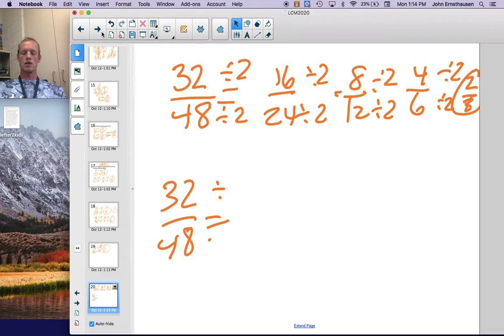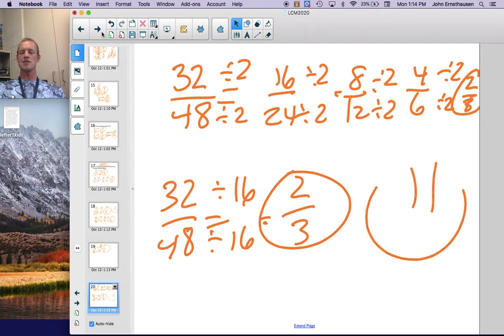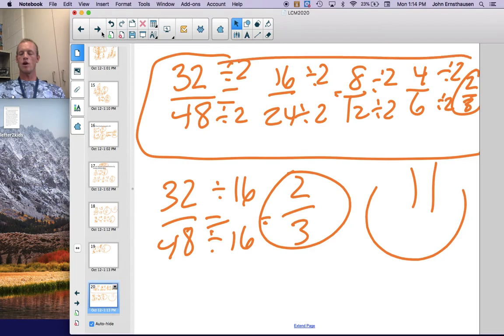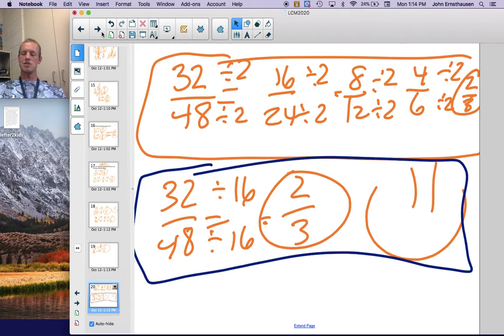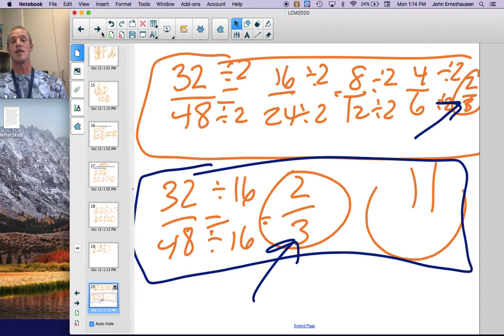Or, if you're really good with mental math and you divide both of them by 16, and you get 2/3, it's the same answer. This way up here is like crawling to Columbus. This way down here is like taking a Lamborghini to Columbus. This gets you there faster, but both ways still get you there. I'm not going to be picky on how you reduce.